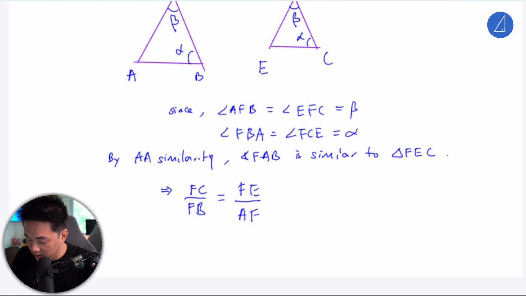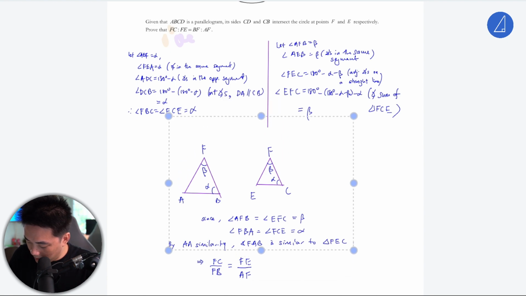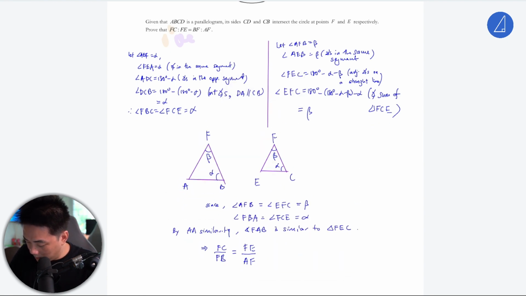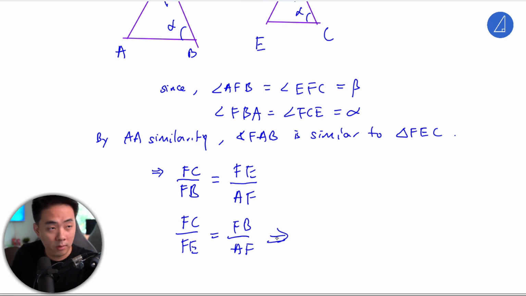So this is what I get. Then I'll just rearrange a bit. In this case, what we get is FC over FE, which gives us the ratio that we are going to find, FC over FE equals BF over AF.